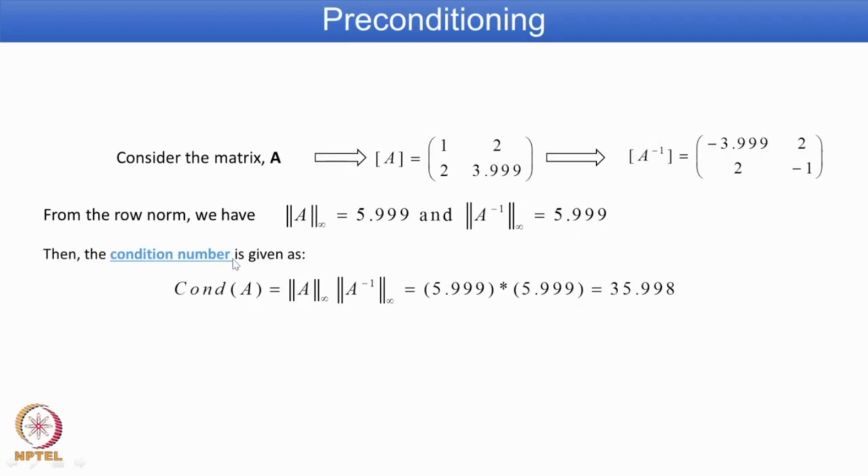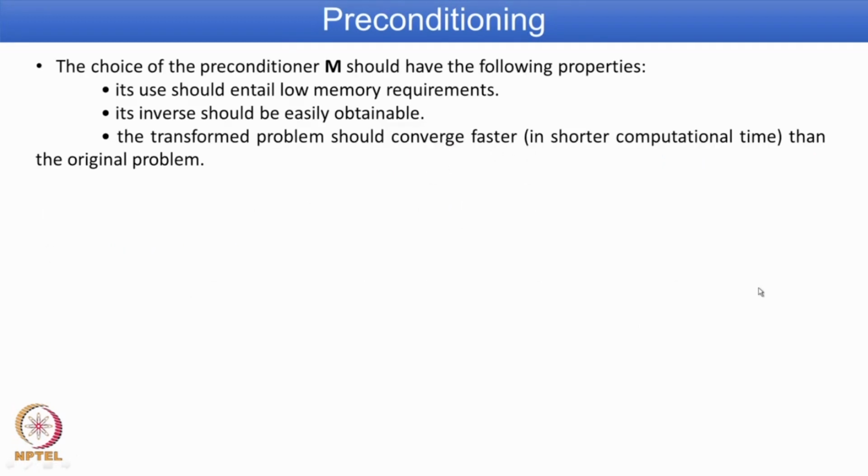Now, the condition number is the product of the row sum norm of both the matrices. So, as defined here, the condition number of matrix A equals the row sum norm of the original matrix multiplied by the row sum norm of the inverse matrix. So, we substitute the values and we get 35.998. So, we explained with the help of an example coefficient matrix, the row sum norm and how to get the condition number.